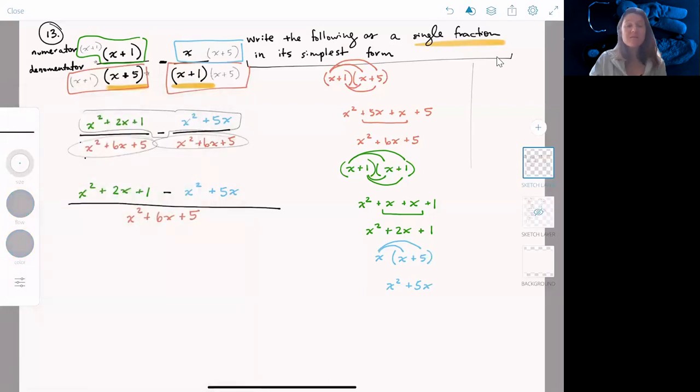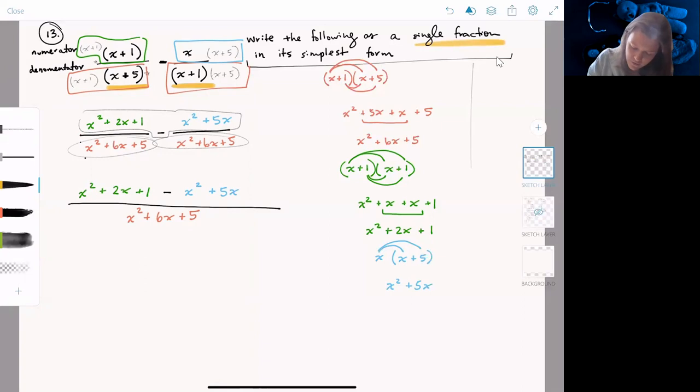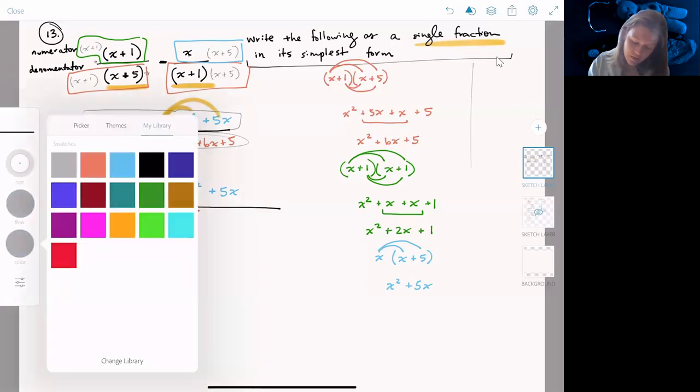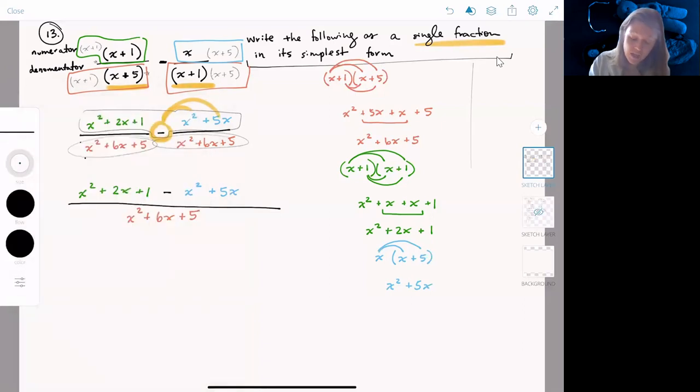However, you must be very careful because I have a negative here. And what that means is I need to distribute that negative to both parts of the numerator for my second fraction. So this isn't going to be minus x squared plus 5x, but it's going to be minus x squared minus 5x, because that negative times a positive gives me a negative.